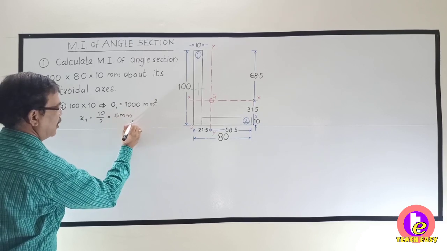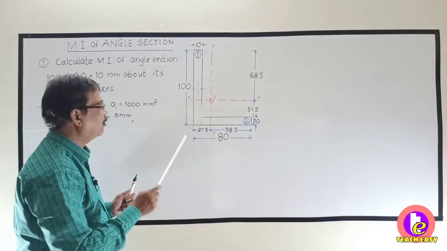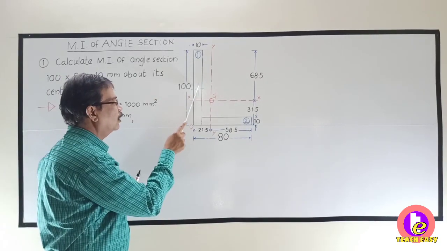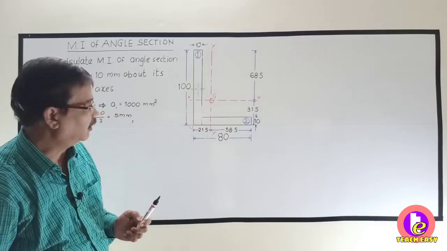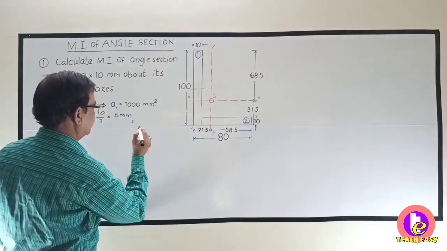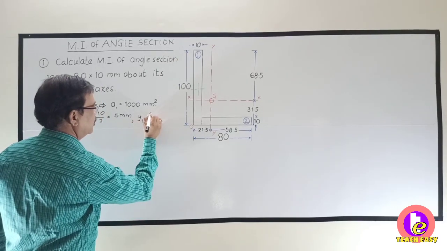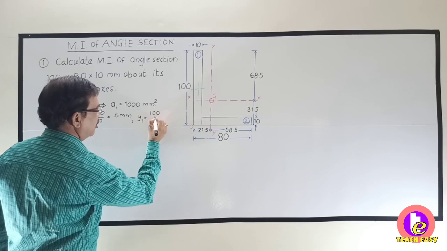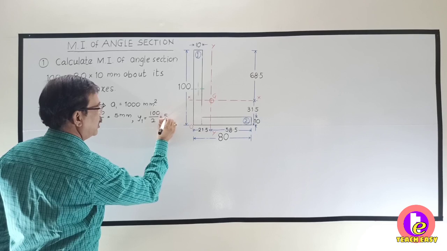Let us see what is y1. y1 is the distance of centroid of the first part from x-axis. Y is always vertical distance. As this is 100, what will be this one? y1 is equal to 100 divided by 2, that is 50 mm.